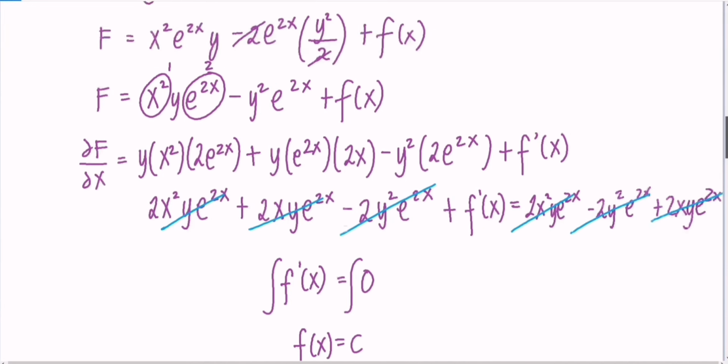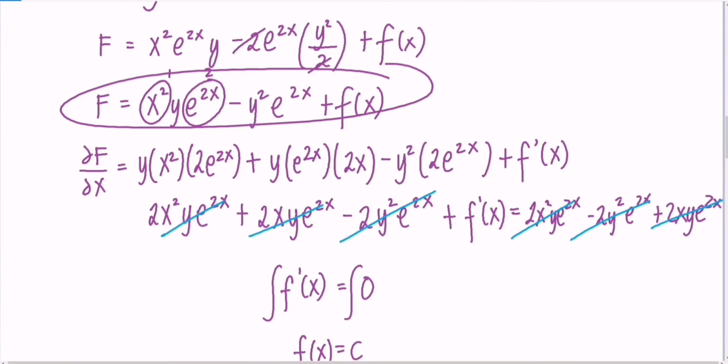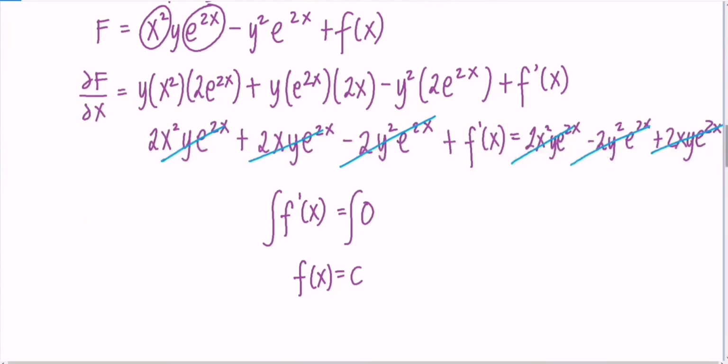Babalikan ko yung letter F. Ito yung letter F. Ayan, medyo gumulo. Nilagyan ko ng mga bilog-bilog. So, ang gawin natin, kopyahin lang muna natin. X squared. Huwag niyong pansinin yung mga bilog. Ito guys, kinokopya ko yung F ha. So, x squared y e raised to 2x minus y squared e raised to 2x and then equals to c.